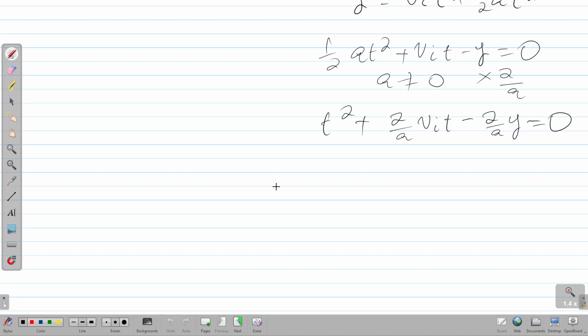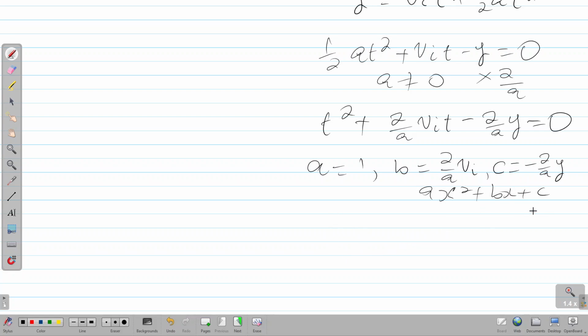So we will have our a is 1, b is equal to 2 over a v initial, and c is equal to minus 2 over a y.